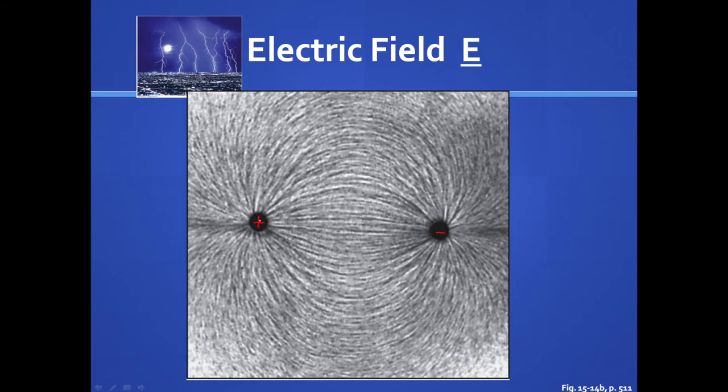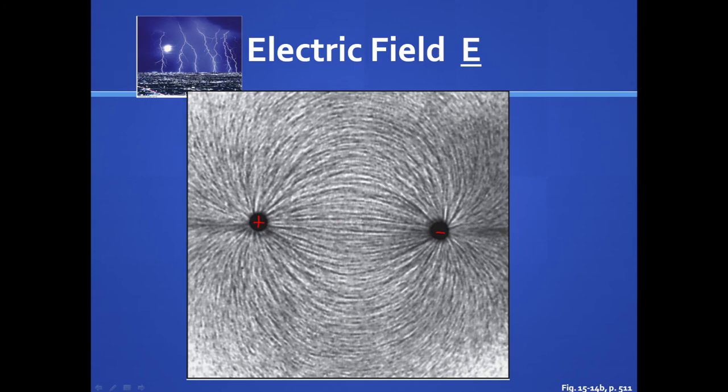And the positive charge is emitting field lines outward from itself in all directions. And negative charges, given that they are negative and therefore opposite of a positive charge, rather than sending field lines outward, pull field lines inward.